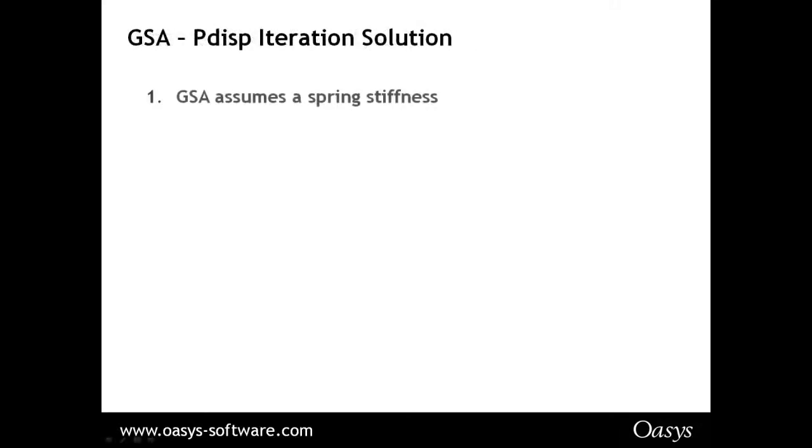So what it does is that GSA will assume a spring stiffness anywhere on the structure where you tell GSA that it's going to interact with the ground. It makes a default guess, which you can adjust. The closer this is to the final stiffness, the quicker it will converge.